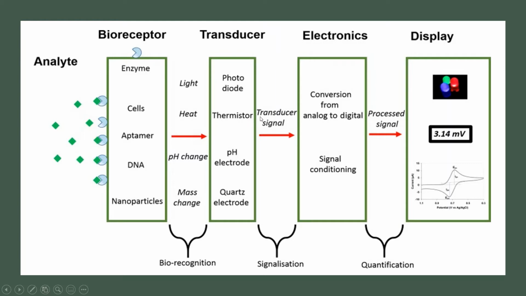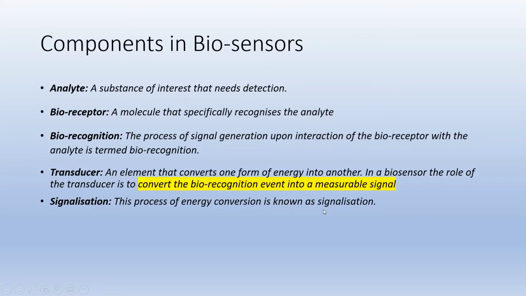Here the temperature reading would be the transducer signal. When we calculate the pH change through the pH electrode, we'd get either it is acidic or neutral or basic through its reading. So this reading would give us a signalization, and this signalization signal would be the input for the electronic devices. Now let us see what are the electronic devices.